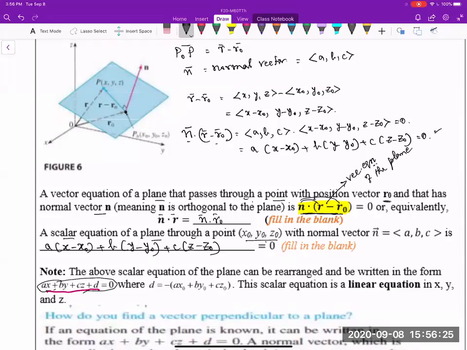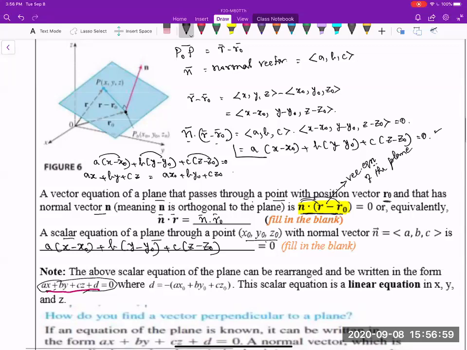If you consider the scalar equation in the form a times (x minus x0) plus b times (y minus y0) plus c times (z minus z0) equal to 0, we will have ax plus by plus cz on the left hand side. And the terms with the negative sign can be taken to the other side, so ax0 plus by0 plus cz0 you can write like this.